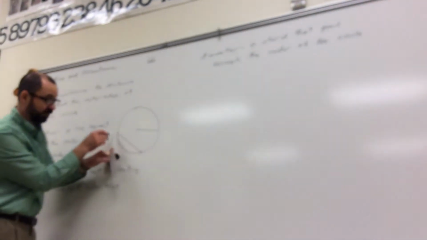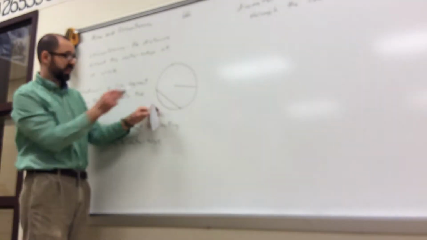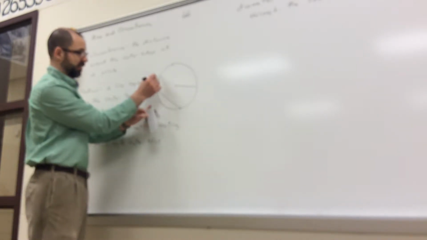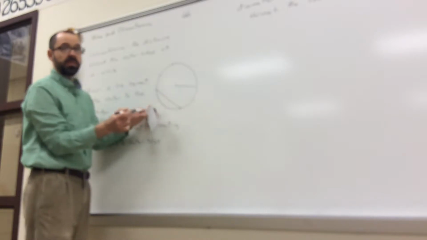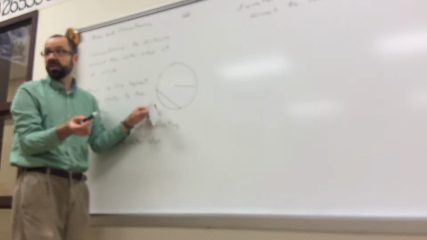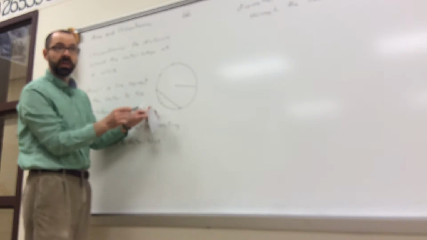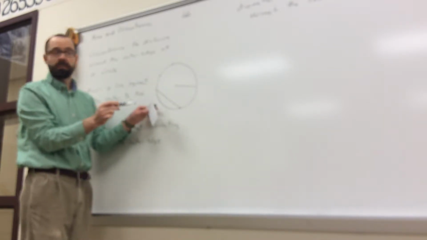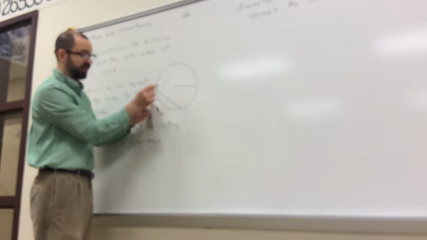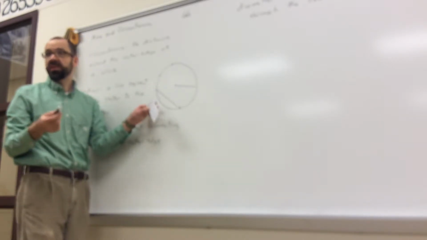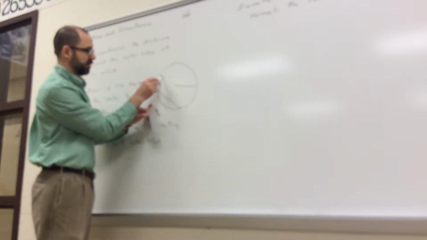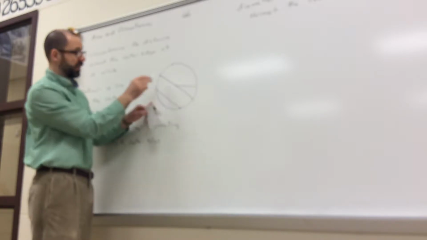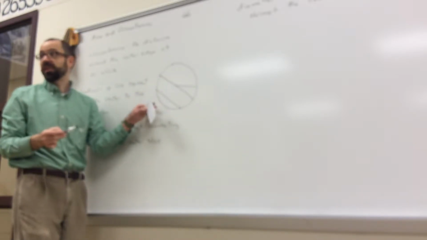So this is just a regular old chord because it's connecting 2 points. But here's another chord because it's connecting 2 points on the edge of the circle. And this one happens to go through the center. So it's a special chord that's called a diameter. So here's just a regular old chord. Here's a chord that's also called a diameter.